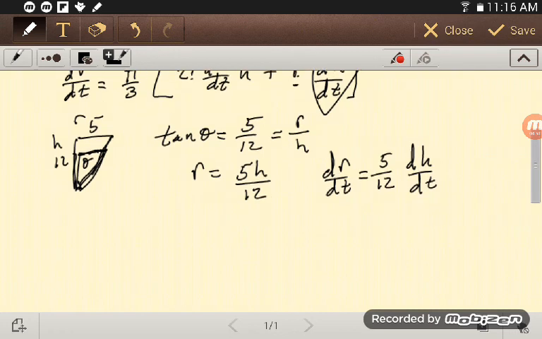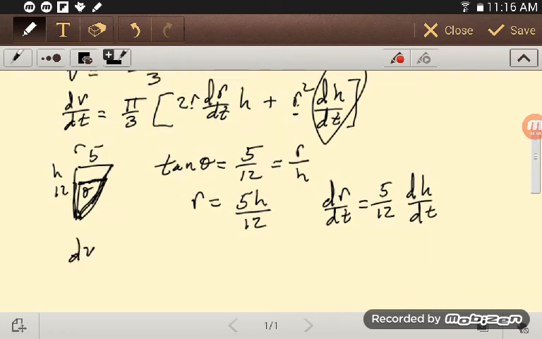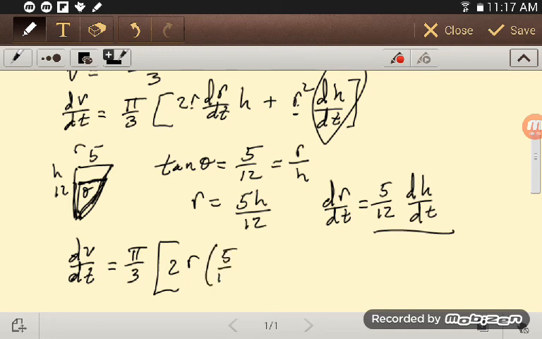So going back to our volume, dV/dt is equal to pi over 3 times 2r, times dr/dt, which I write as 5/12 dh/dt, all times h, plus r squared dh/dt.